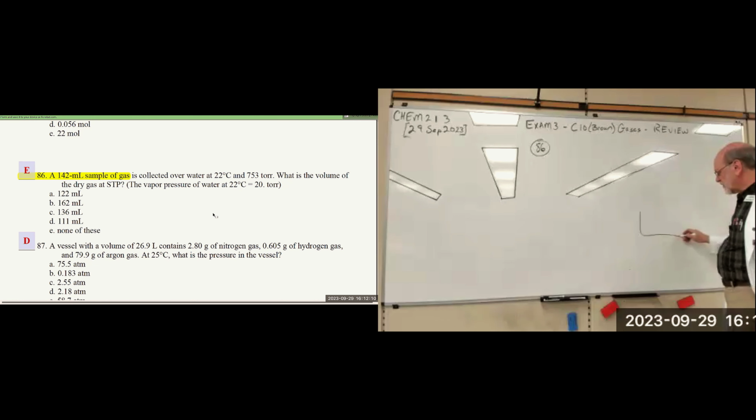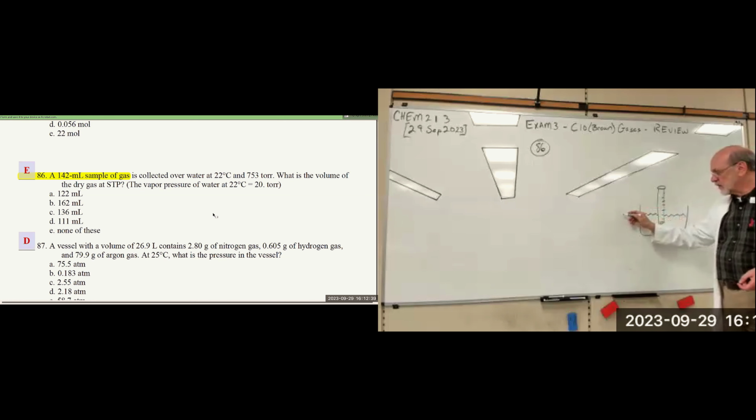When you have a vat of water like this, and then you have an inverted graduated cylinder, and it's marked in volume. You fill it up with water, and then you hold your hand over it and submerge it in the water, and the water will stay up here until you replace it with something.